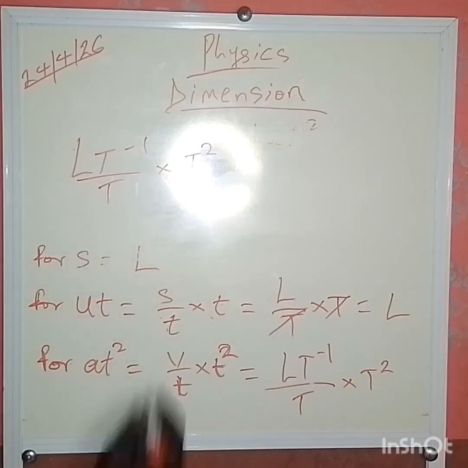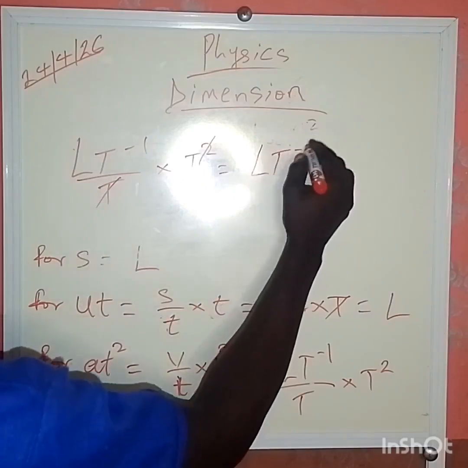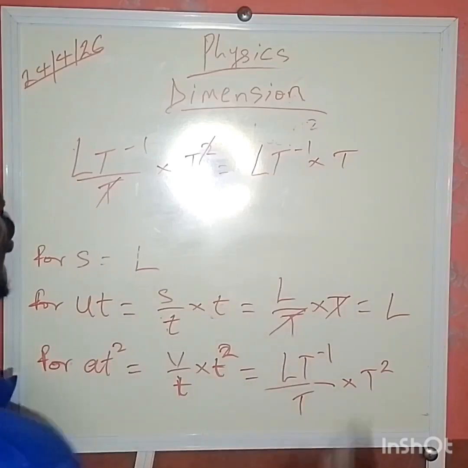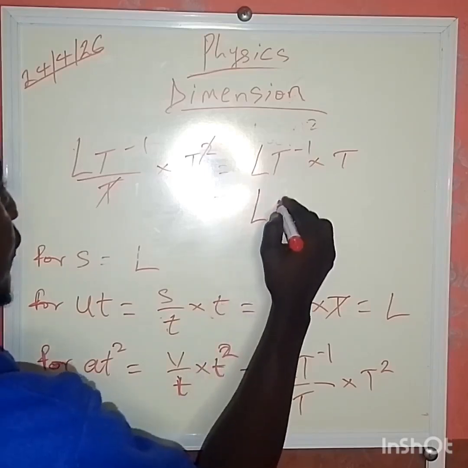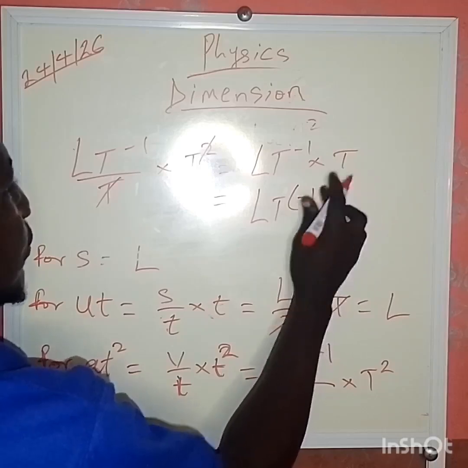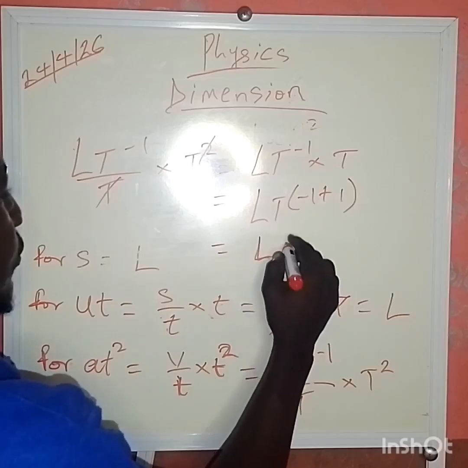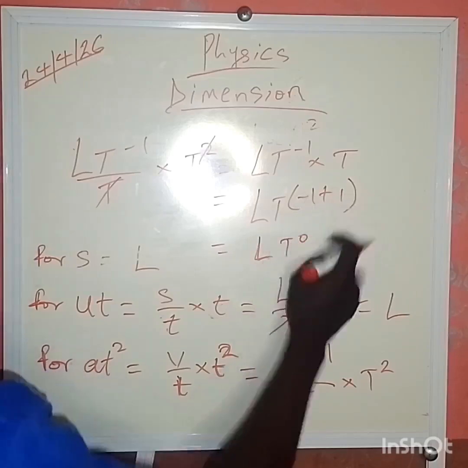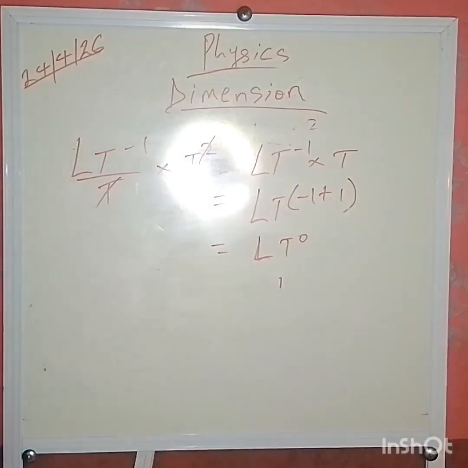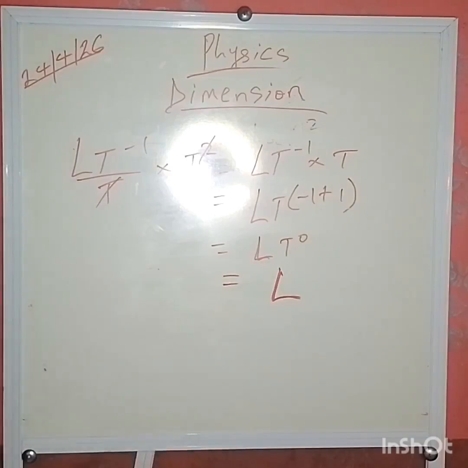This T cancels out, and we are going to have LT to the power minus 1 multiplied by T. Since you have this, we can say LT to the power minus 1 plus 1, which is LT to the power 0, because minus 1 plus 1 is equal to 0. So this is now equal to L.